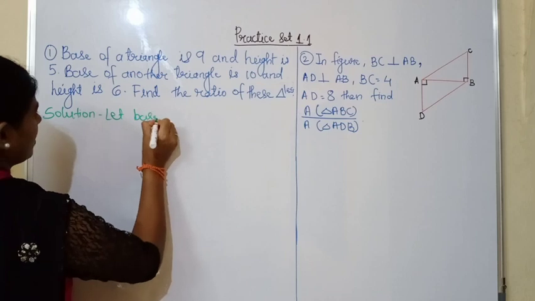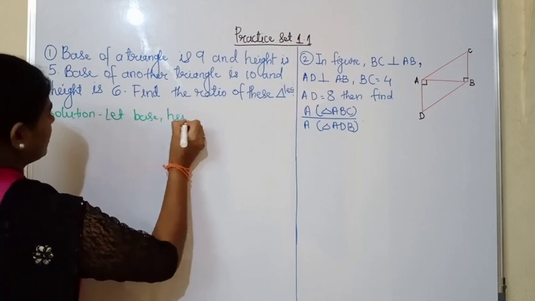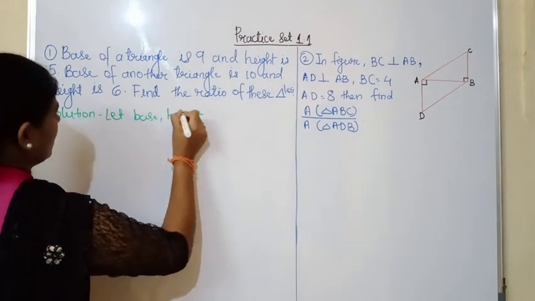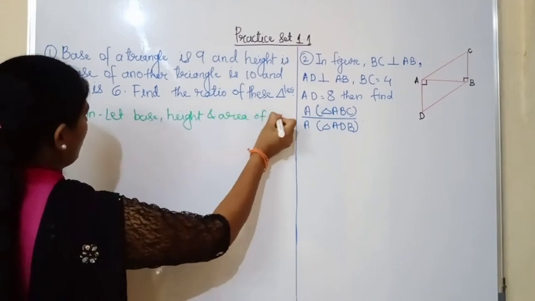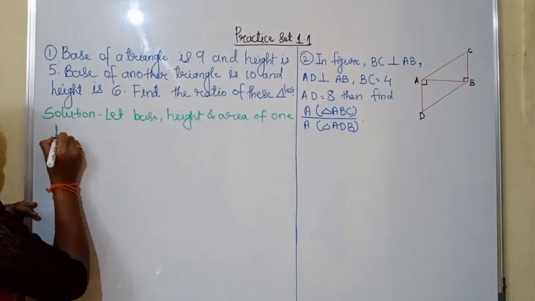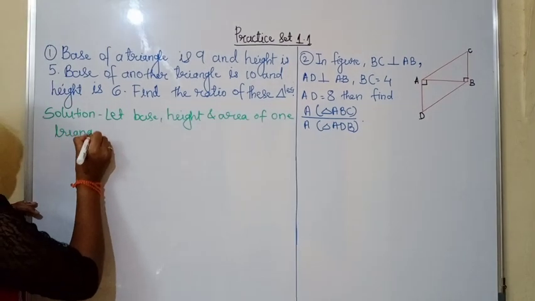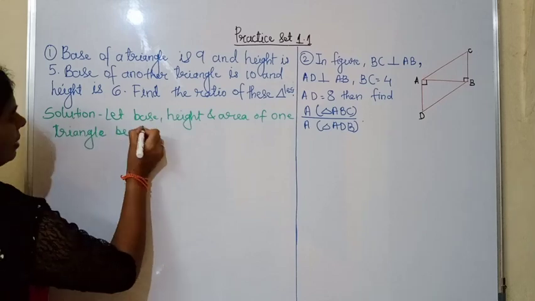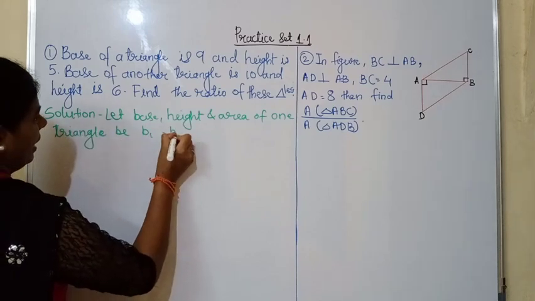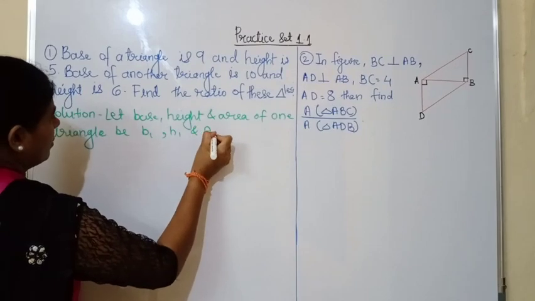Base, then height, and area of one triangle be B1, H1 and A1.